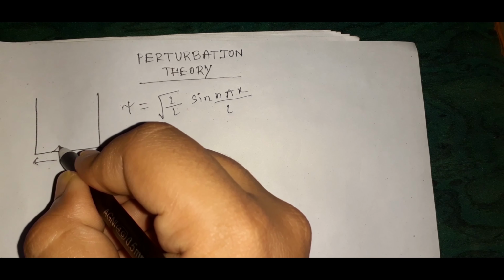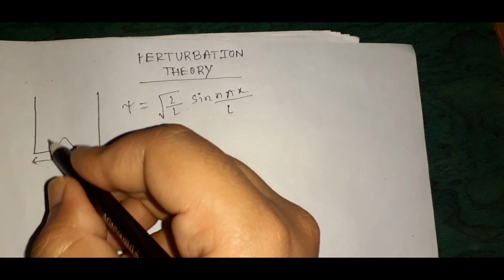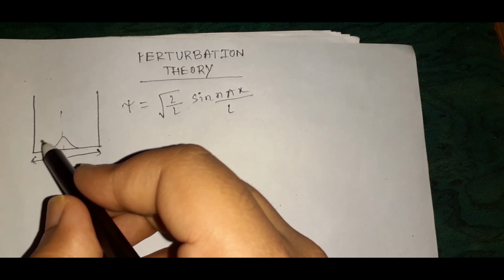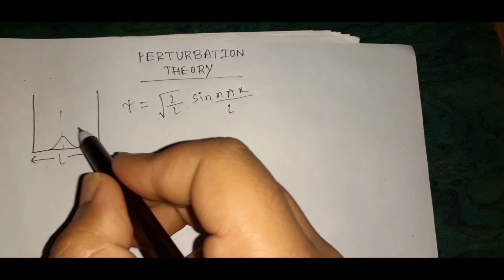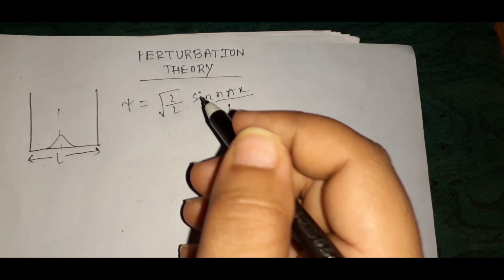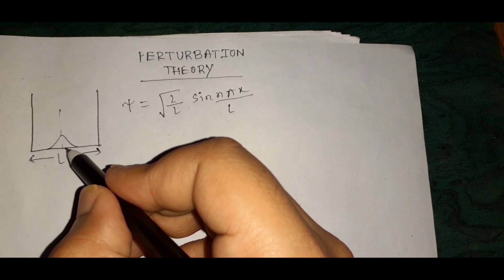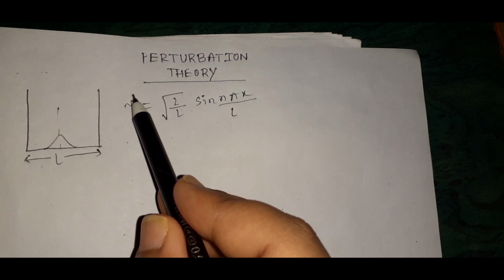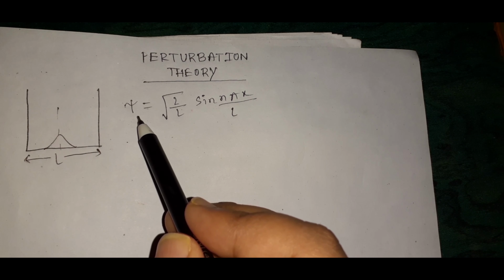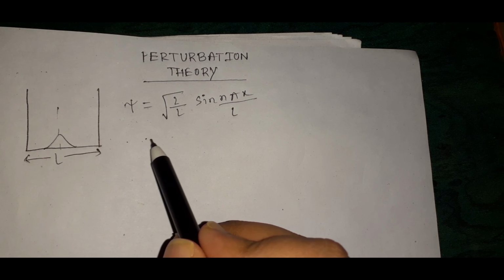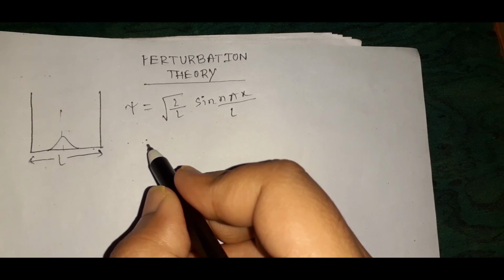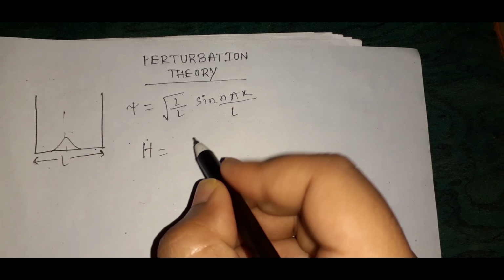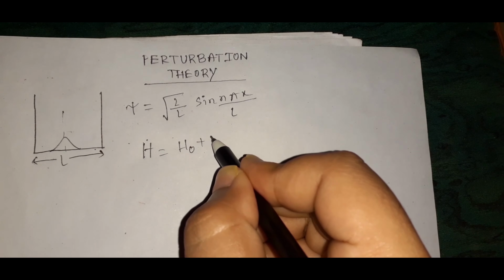If I put a bump or distortion in the middle of the well, now it looks different and it's quite tough to solve this kind of potential. So here perturbation theory is very useful, to find the correction factors of the wave function and the energy eigenvalue. Here we divide the Hamiltonian into two parts like this.